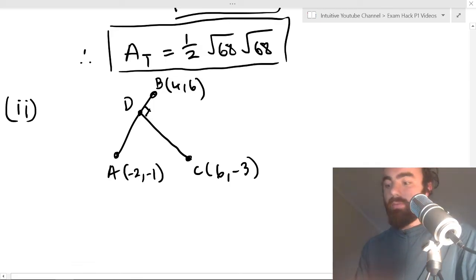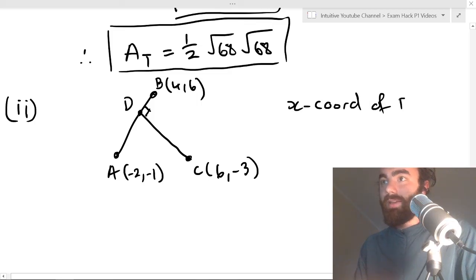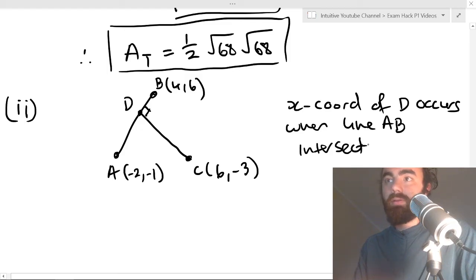So D, the x-coordinate of D, occurs when the line AB intersects line CD.